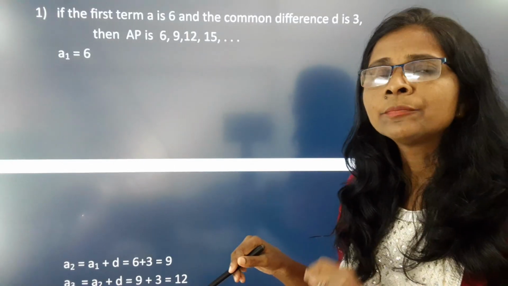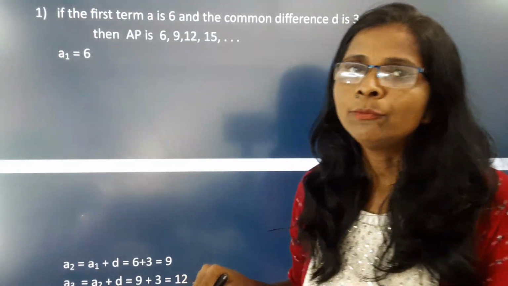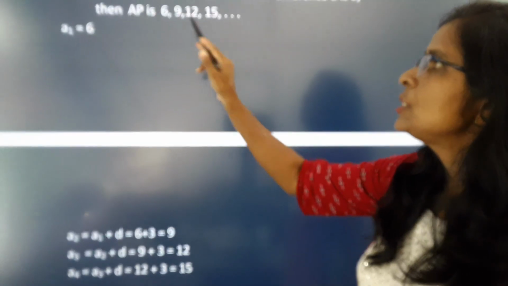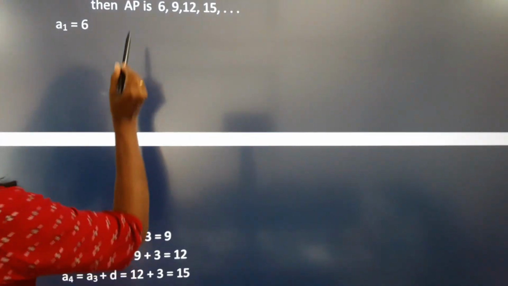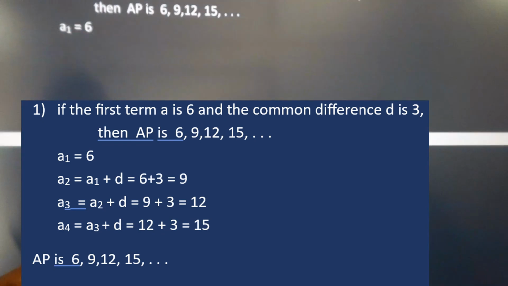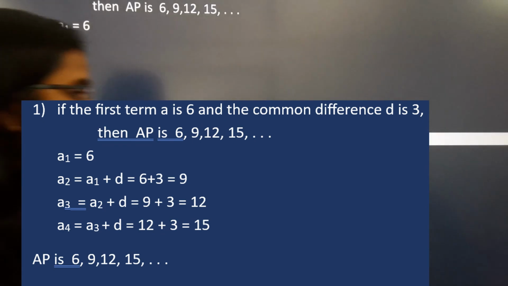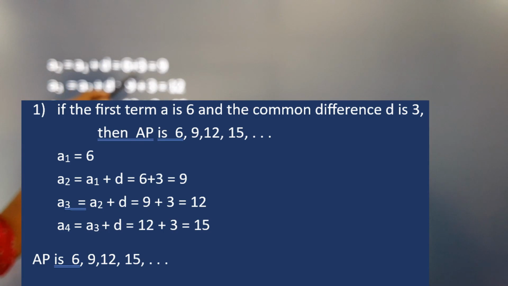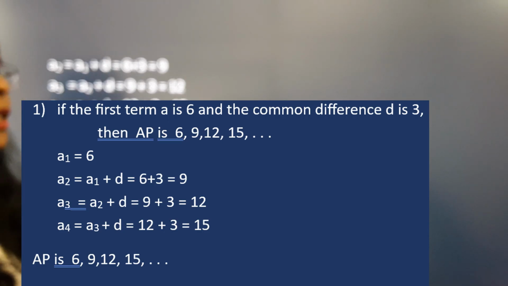By calculating with the formula. Here a1 is equal to 6, then a2 is equal to a1 plus d, which is 6 plus 3, equal to 9. a3 is equal to a2 plus d, which is 9 plus 3, equal to 12, and a4 is equal to a3 plus d, which is 12 plus 3, equal to 15.